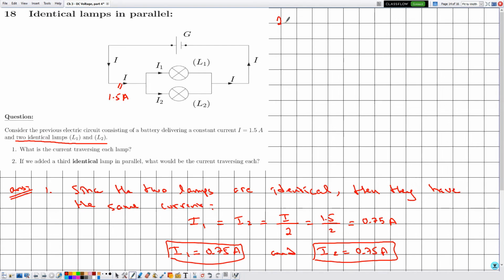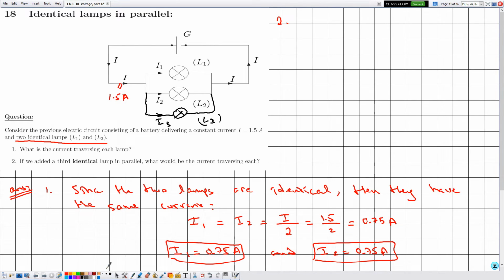Now as for the second question, they are telling me if we added a third identical lamp in parallel. So let me add another lamp L3 in parallel to L2, and let's denote its traversing current by I3. So what would be the current traversing each?